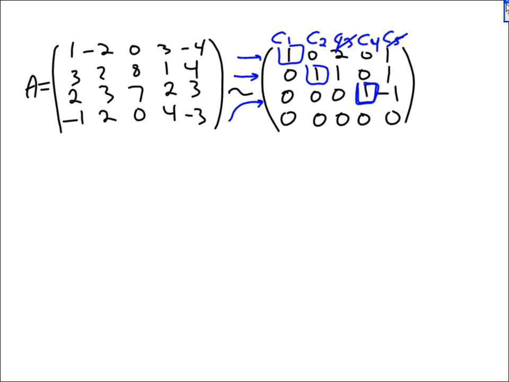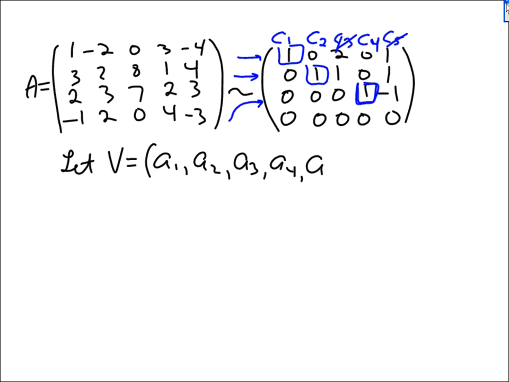Now, this is very important because if we take our vector V equals, say, A1, A2, A3, A4, A5. And remember, we had that basis. The first vector was 1, 0, 2, 0, 1.